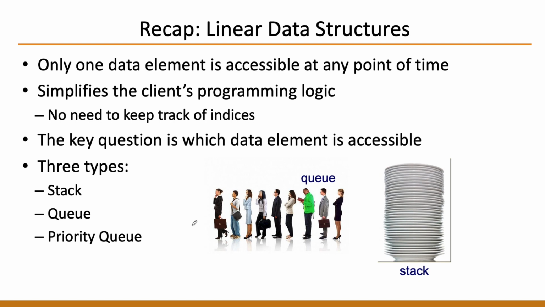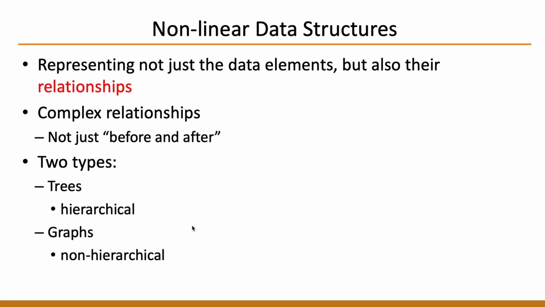Right, but regardless of what the rule really is, this whole collection of data types, stack, queue, and priority queue, still pretty much just follow this guiding principle that all the data have a clear before and after relationship. But sometimes the relationship is not so linear, right? If you do not have just before and after, you have more than that, then the linear data structure cannot capture it.